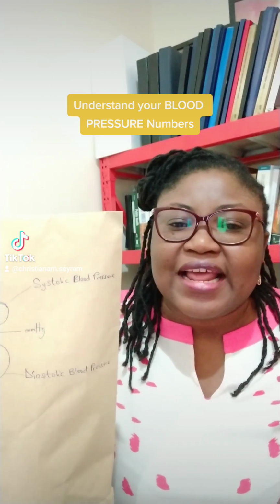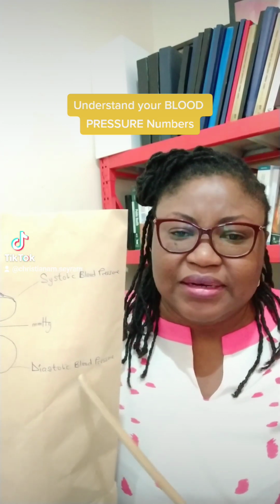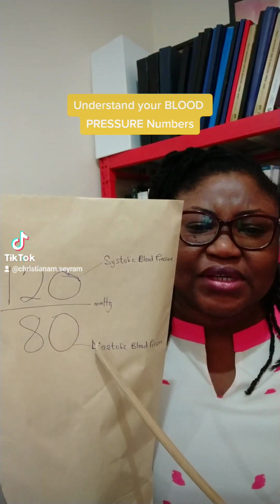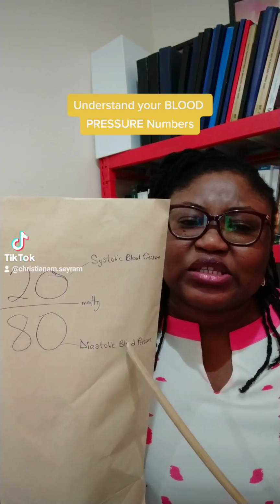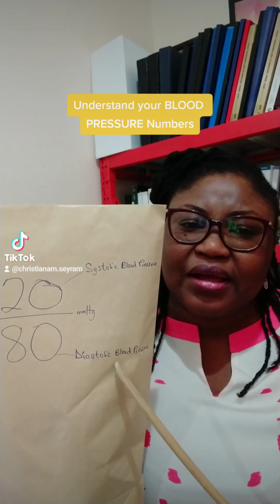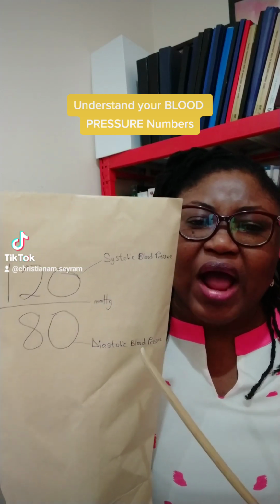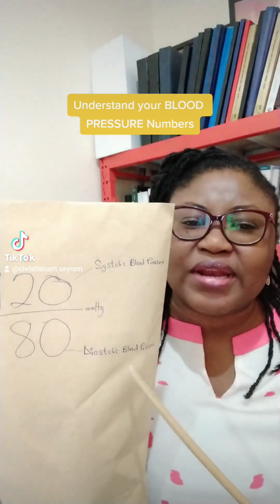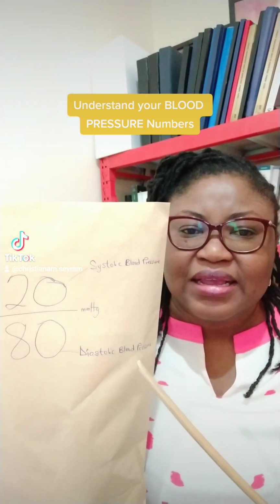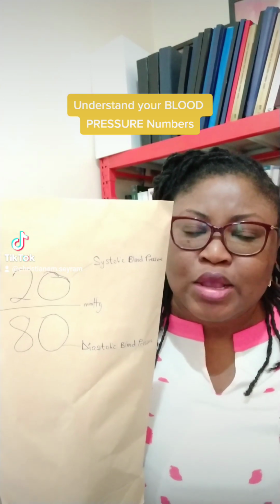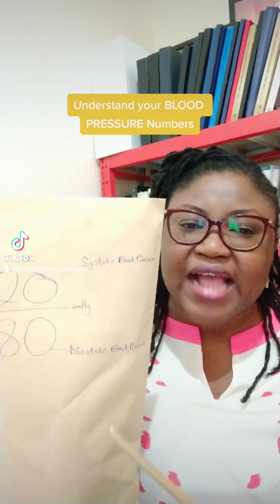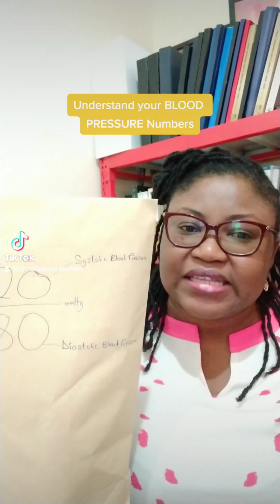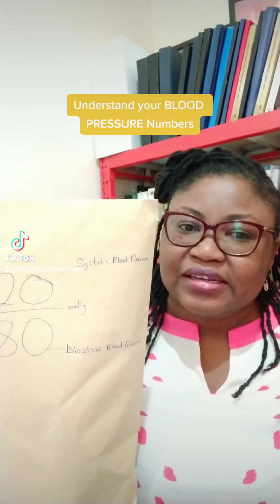Okay, then the diastolic, what does it mean? That's the down number. The diastolic is the pressure that is exerted on your arteries when your heart relaxes, or rests in between the beats. So the heart contracts, relaxes, and beats again.